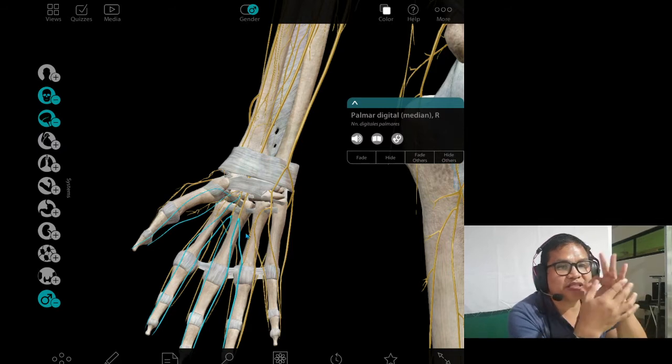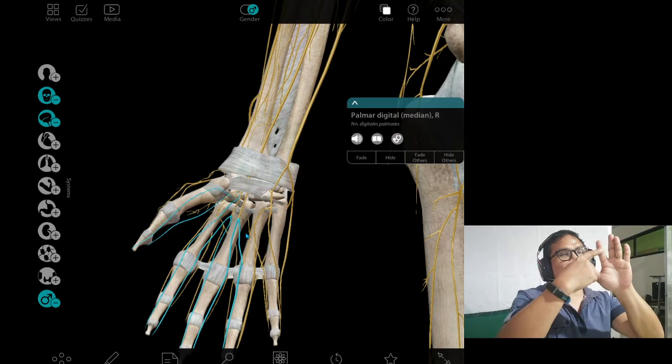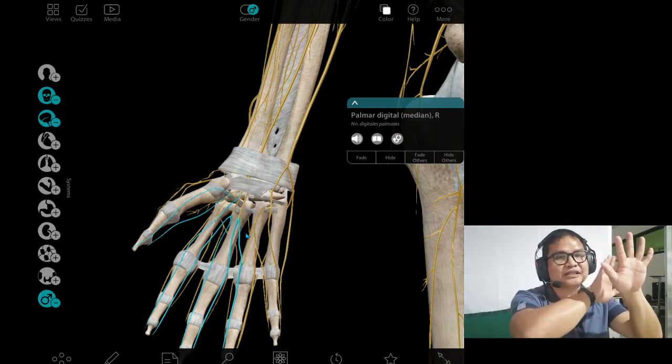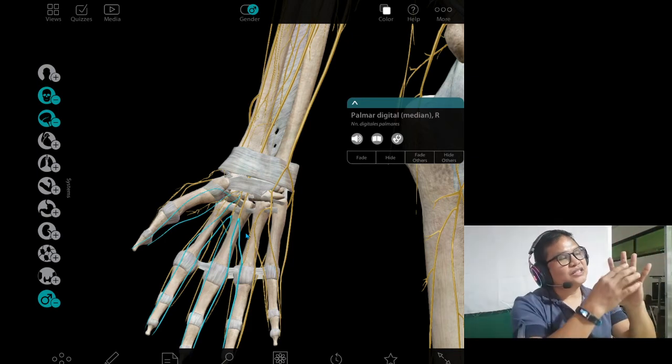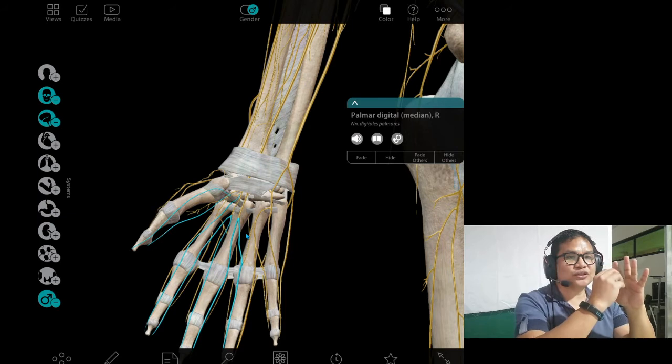So you will have sensory disturbance in these fingers, 1, 2, 3, 4. Only this anterior portion, because the posterior part is supplied by the radial nerve. So it is an abnormal sensation. It can be a tingling sensation, numbness, or a pins and needles sensation.